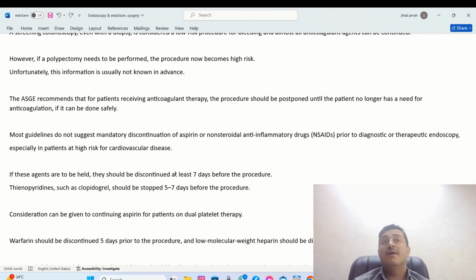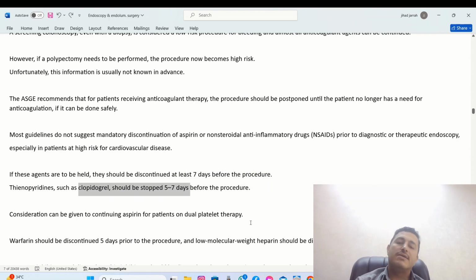We can proceed, especially in a patient on dual antiplatelet agents. So aspirin can be continued. If we want to stop aspirin, especially in a patient at high risk, we know that we have to stop it 7 days before. Clopidogrel, Plavix, should also be stopped 5 to 7 days before.